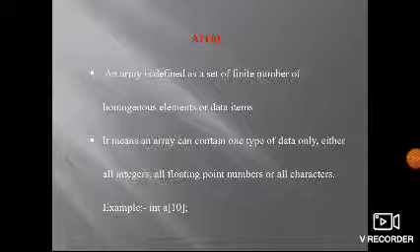We cannot combine int and float in an array. If we declare integer, all integer numbers will be stored. If we declare char, all char values can be stored. If we declare float, all float values will be stored. So it will contain only one type of data.